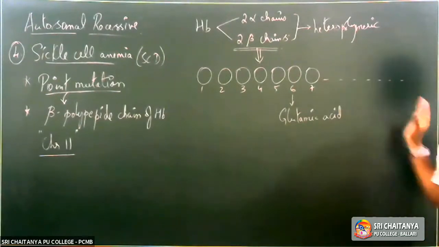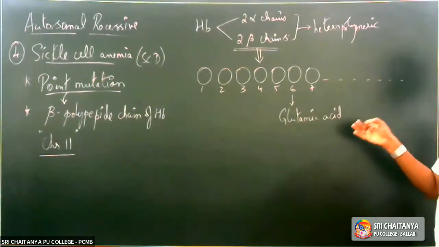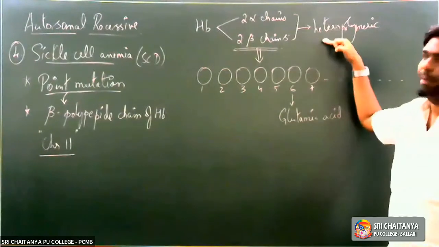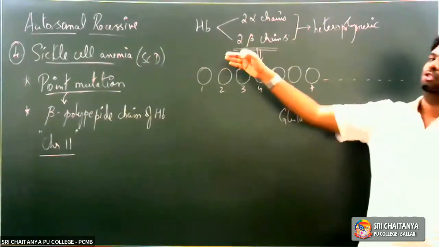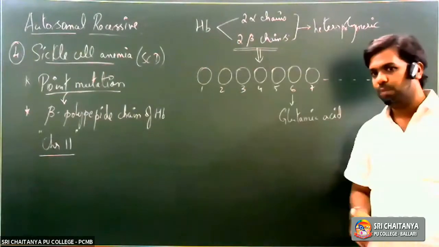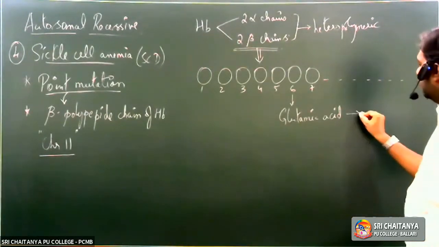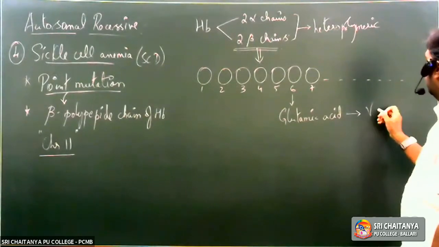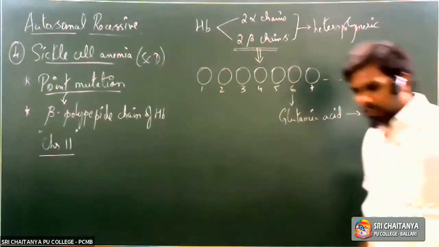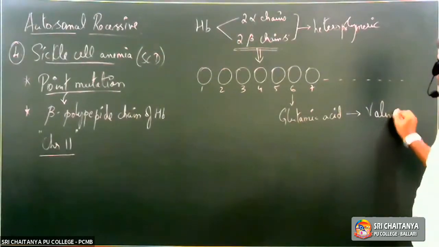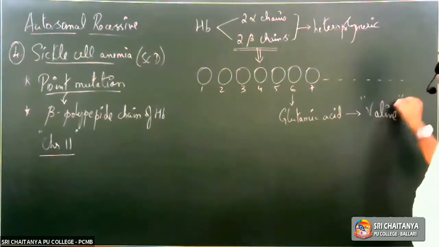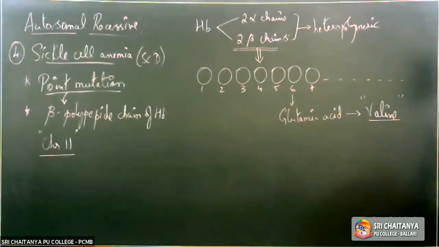But in this disorder called sickle cell anemia, glutamic acid is being replaced by another amino acid called valine.